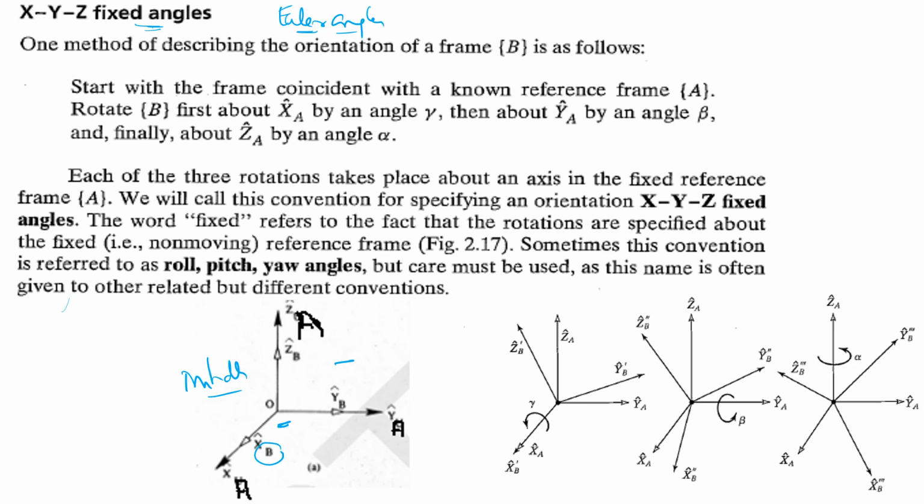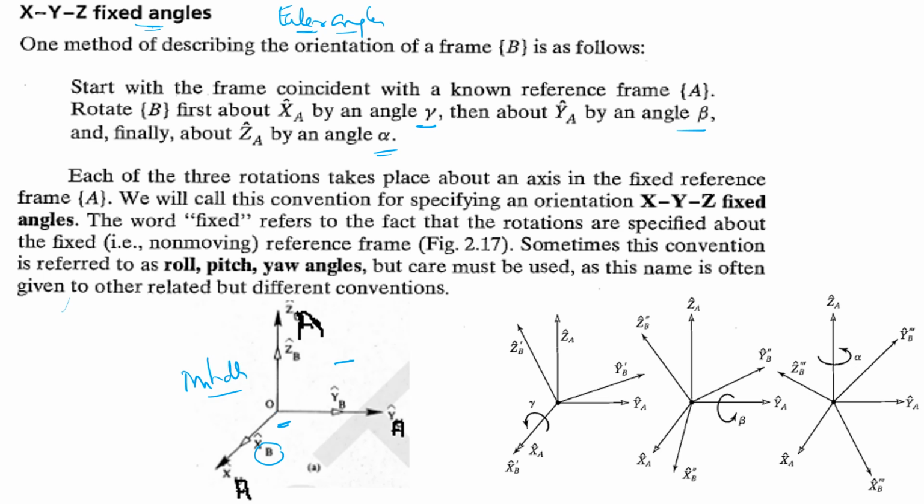Now I want to give an orientation, but I want to do it in fixed angle fashion. First let me orient the B frame about the x-axis by an angle, which we will call gamma, then about the y-axis by beta, and then about the z-axis by alpha.